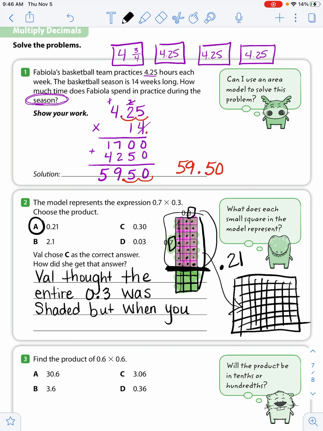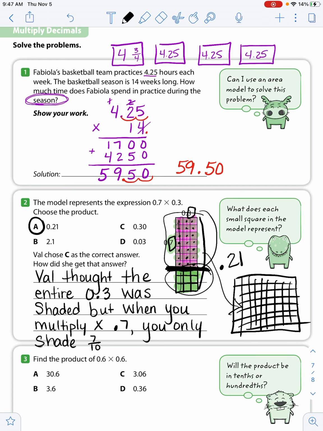But when you multiply times 7/10, you only shade 7 out of 10, not the whole thing. That's why this part down here is not shaded by both.